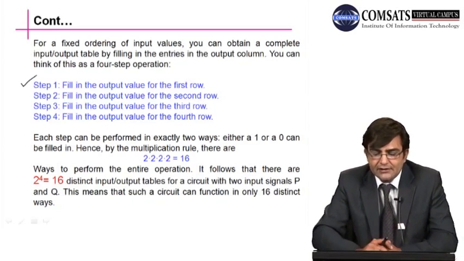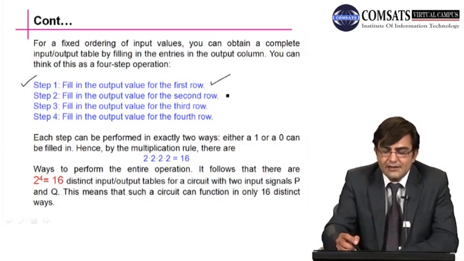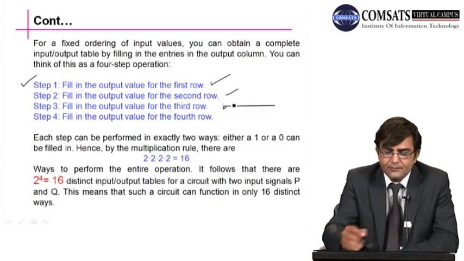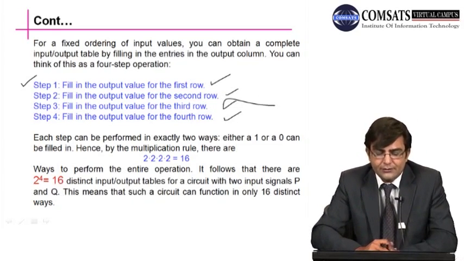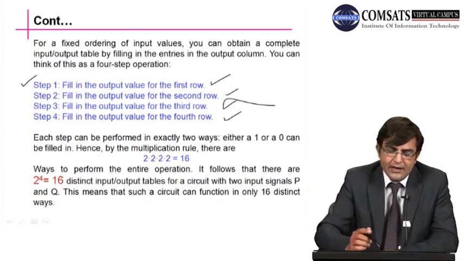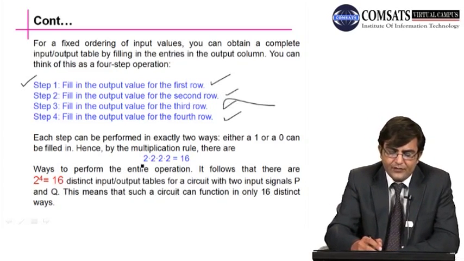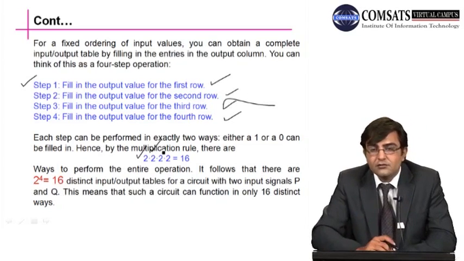We divide this problem into 4 steps. In the first step, fill in the output value for the first row, in the second step for the second row, in the third step for the third row, and in the fourth step for the fourth row. Now we see how many possibilities there are in each step. As we have discussed, at each step we have two possibilities.